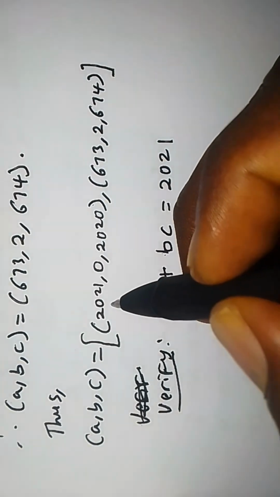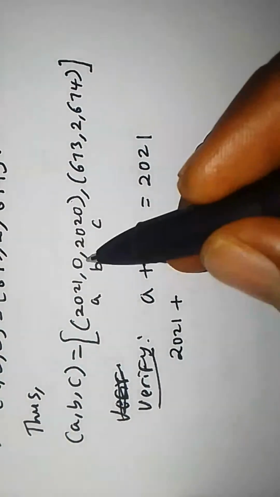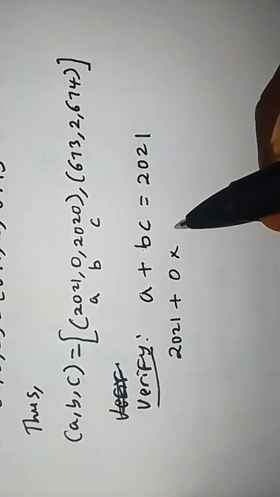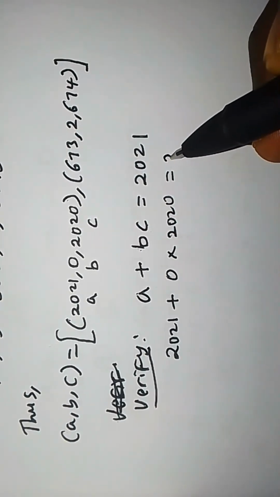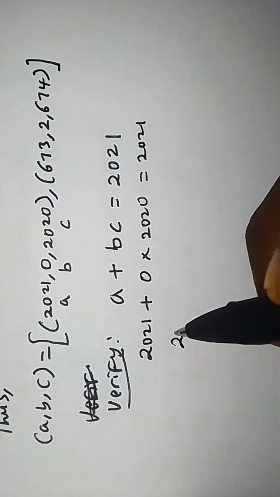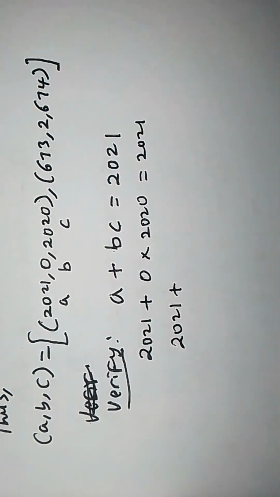This is A, this is B, this is C. Plugging it into the left hand side, that will be 2021 plus, what is B? 0. 0 times 2020 is 0.